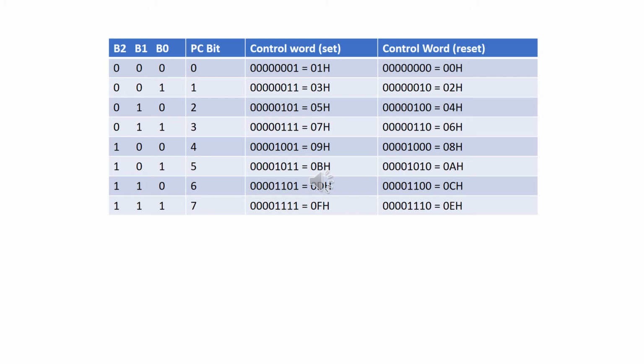Now the control word for set, when all of them are 0, is 1. So when the control word is to set, the values are 1, 3, 5, 7, 9, B, D, F, that is all odd numbers. When they are reset, all of them are even numbers.